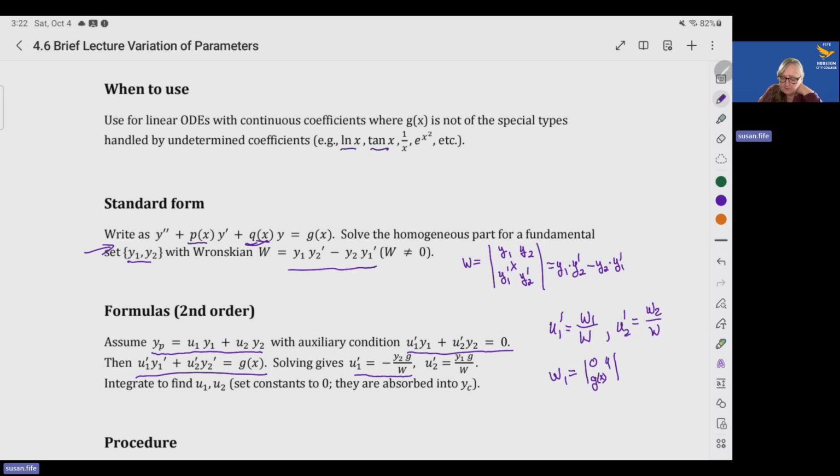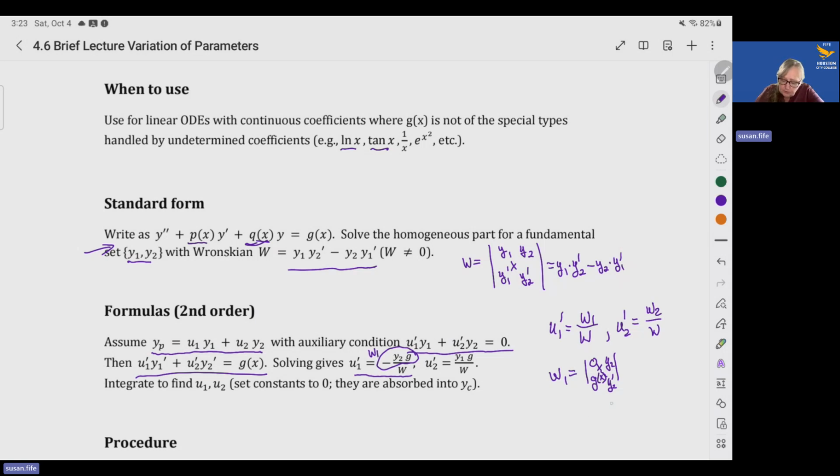And then the second column is going to be y2 and y2 prime. So notice that you're always going to have a 0 here, and 0 times y2 prime cancels, and then you get minus y2 times g. And that's what we have here. Minus y2 times g, that's the same as w1.